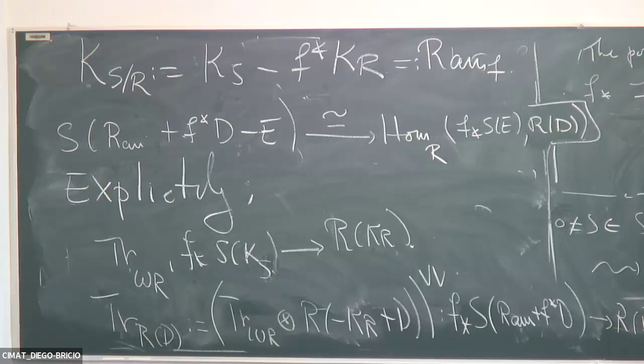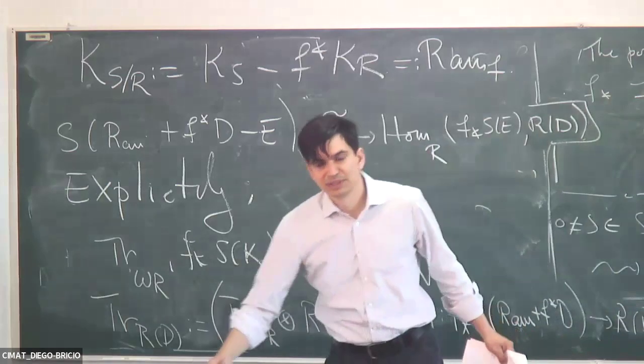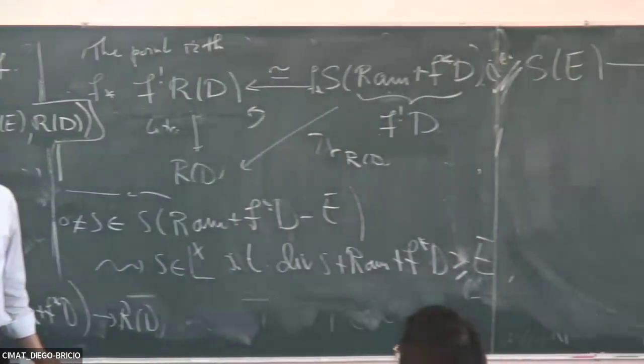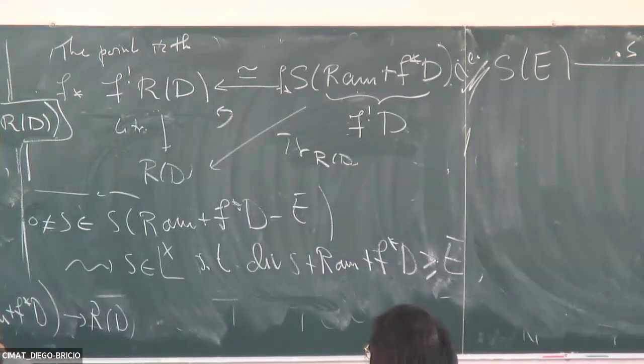In fact, the Hom of S-linear maps from here to here is just given by multiplication by an element S that belongs here.